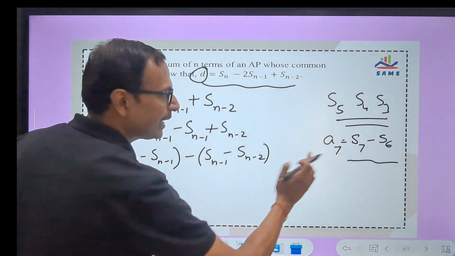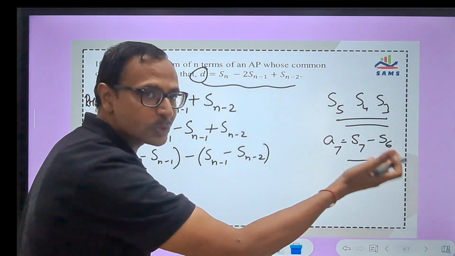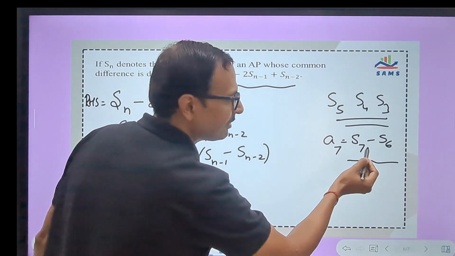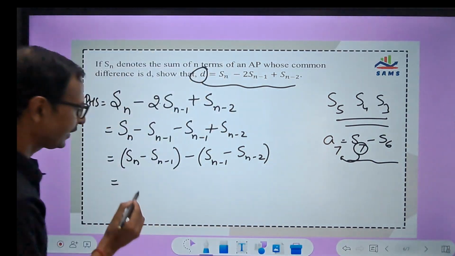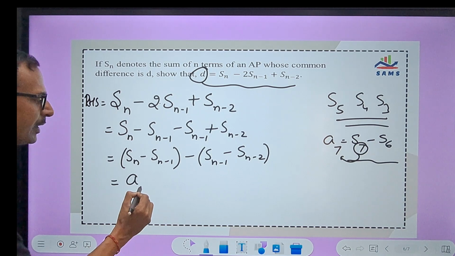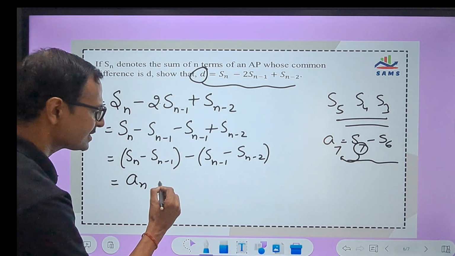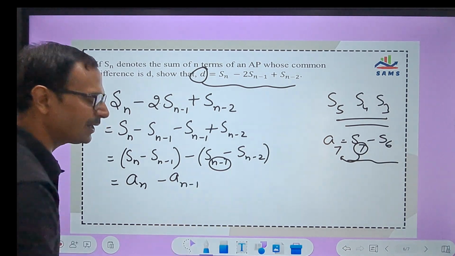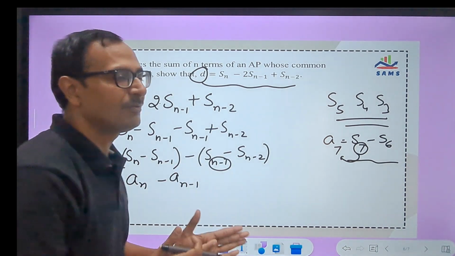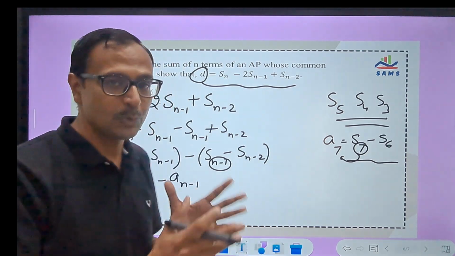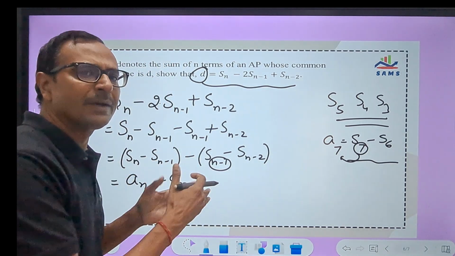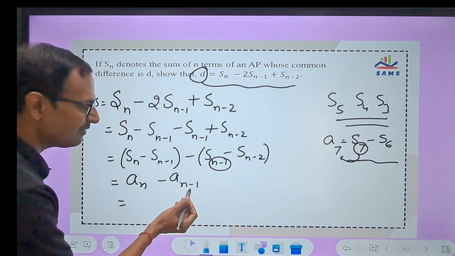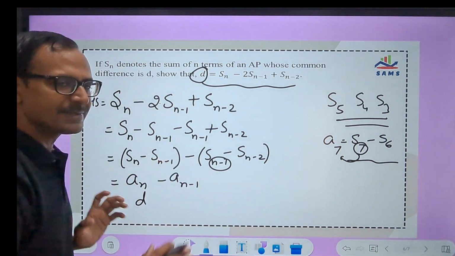And don't they resemble like this? n minus 1 and n minus 2, they are also consecutive. So this becomes what? See, S7, so we get term number 7. Sn, so we get term number n. Minus Sn minus 1, so we get term number n minus 1. Now this is the concept which normally the students get confused in. And if you crack this step, next step is your answer, because any term minus its previous term is actually the common difference, d.